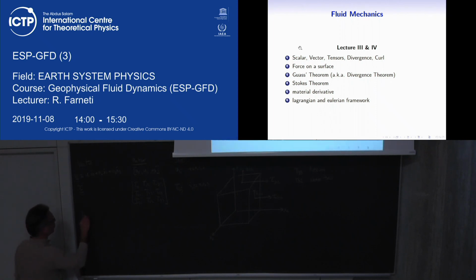Some examples, if you want to do the dot product. So you want to do A dot B. This is going to be A1 B1 plus A2 B2 plus A3 B3. Okay, a little bit annoying.